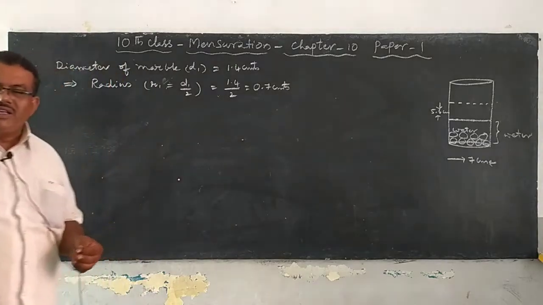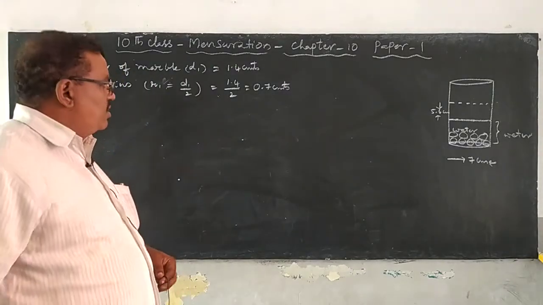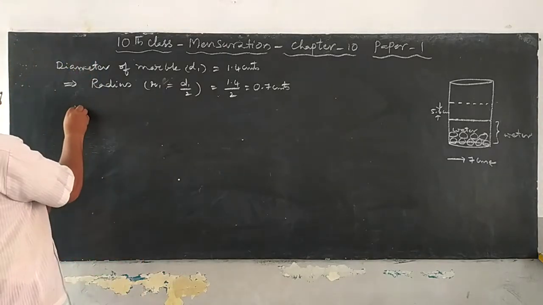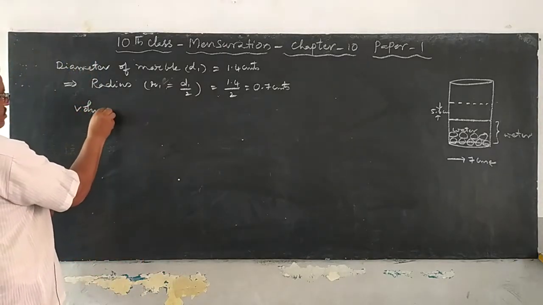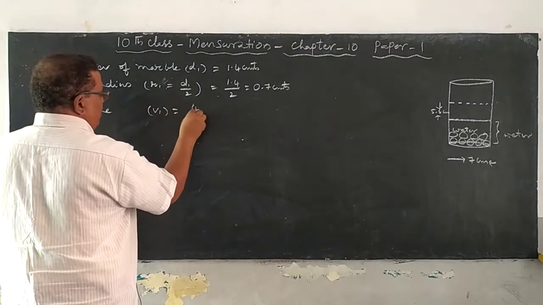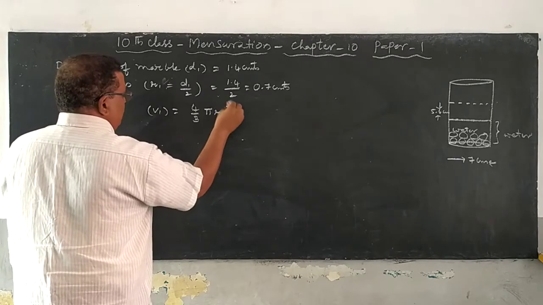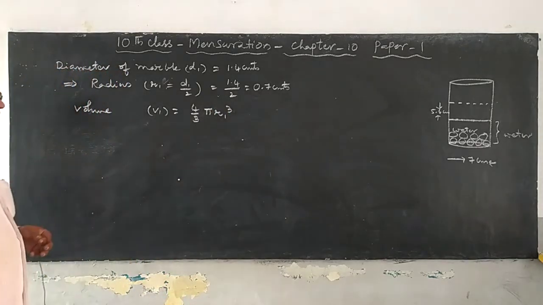This is the radius of the spherical marble. Right. Volume of one marble, volume V1, is equal to 4 by 3 pi R1 cube. That is the volume of one marble.